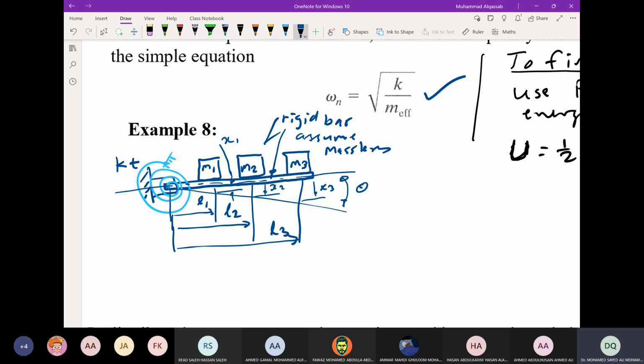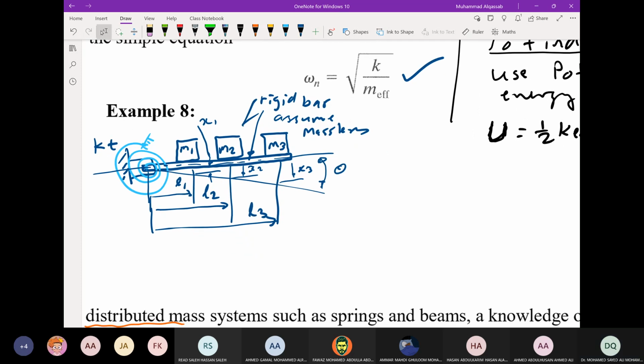And for small theta, you can take the relationship of similar triangles. This is triangle number 1, this is triangle number 2, and this is triangle number 3, all similar triangles.